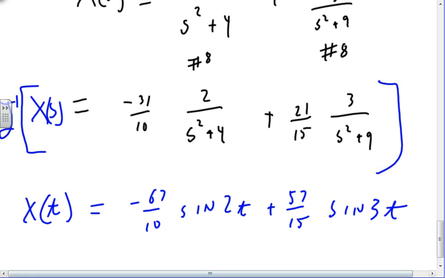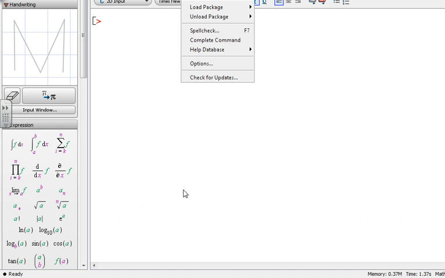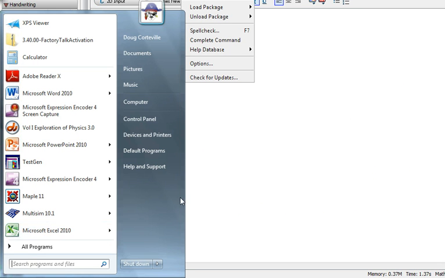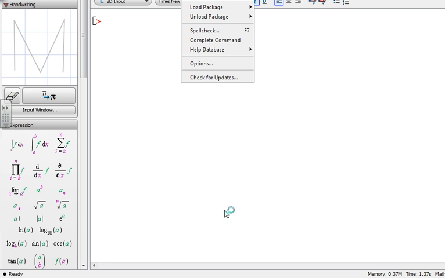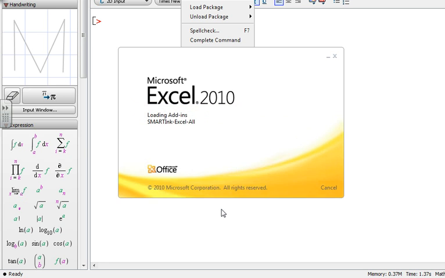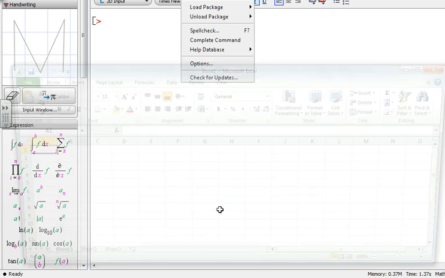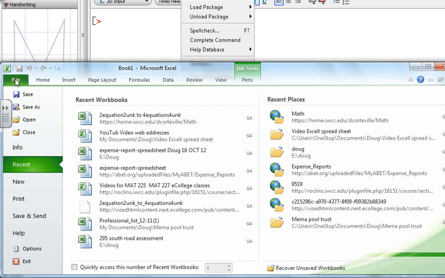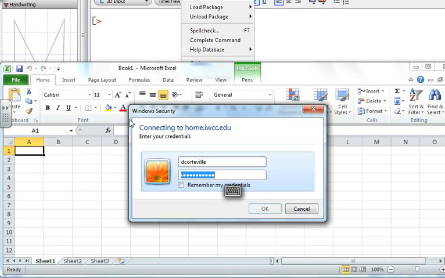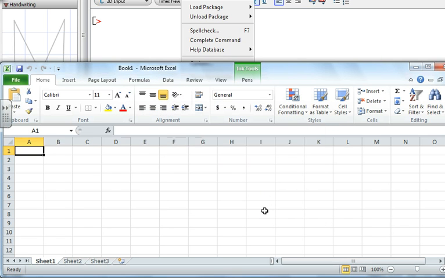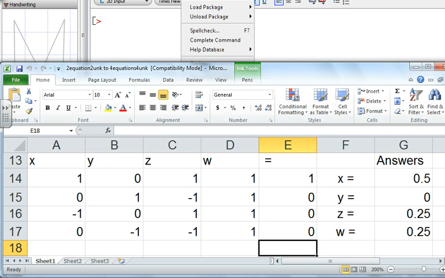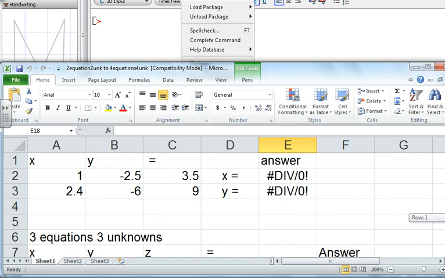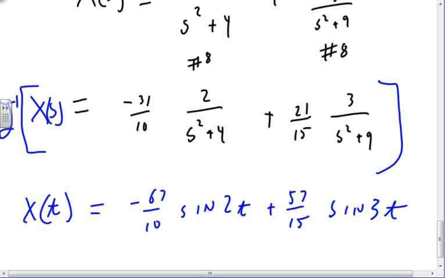Let's open up our spreadsheet. Let's see what Maple thinks. Maple still isn't thinking. We'll open up our spreadsheet to do multiple equations, multiple unknowns, see what it thinks. Two equations, two unknowns.